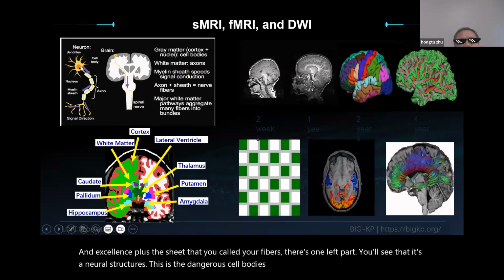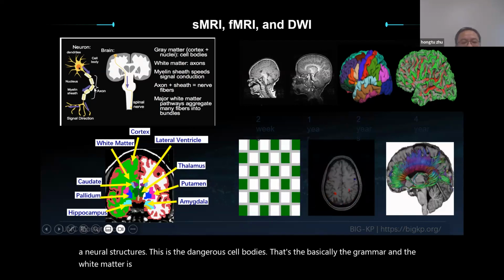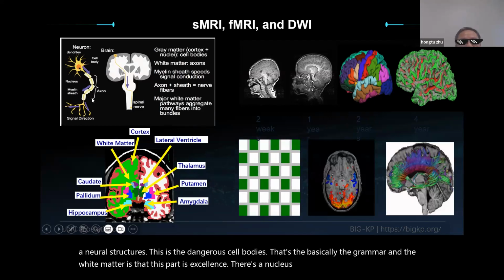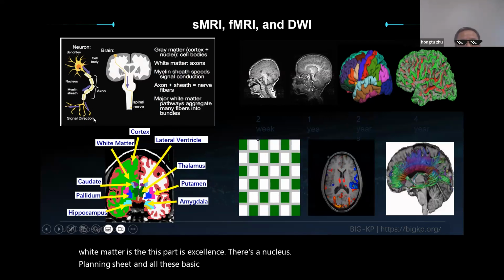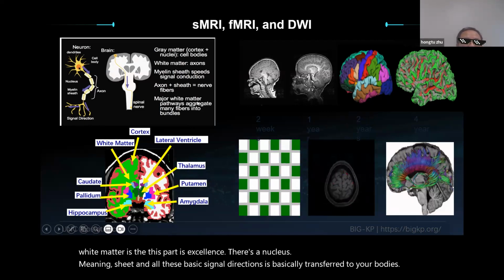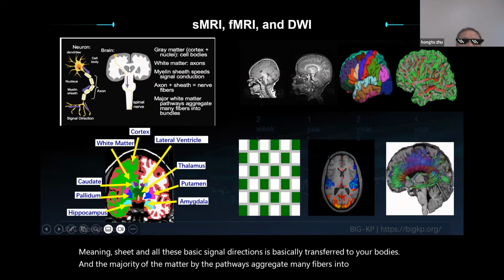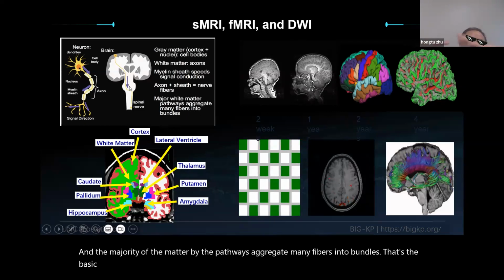That's the gray matter. The white matter is this part, the axons. There's a nucleus, the myelin sheath, and all these signals are basically transferred to your body. The major white matter pathways aggregate many fibers into bundles. That's basically how the brain looks.